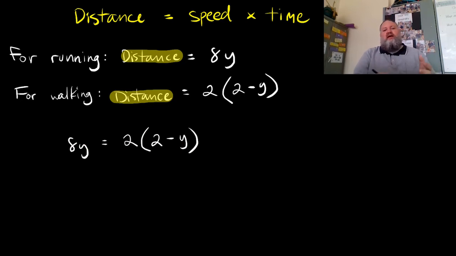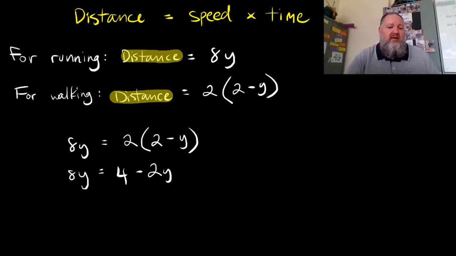Okay, so now that I have constructed an algebraic equation, I can solve that. I can multiply out the bracket. I could have actually divided by 2 on both sides first, which would have made things easier, but I didn't. So we're going to multiply out this bracket, so it will become 8y is equal to 4 minus 2y. Very good.